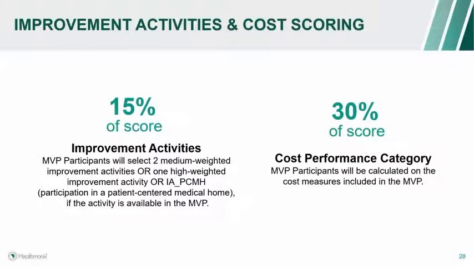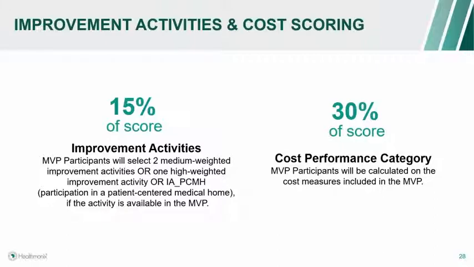All right, and then here's some more information about improvement activities and cost scoring. So improvement activities will remain 15% of the final score. And moving forward, MVP participants would want to select 2 medium weighted or 1 high weighted activity, or the participation in a patient-centered medical home improvement activity.